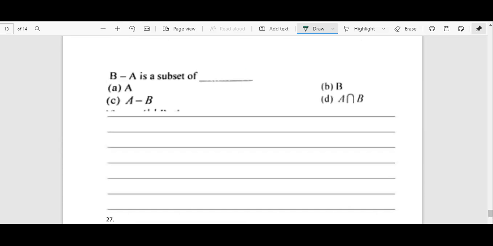Now we have 26. Okay. B minus A is a subset of. All right, so this basically means that I have a set that is B. And when I'm doing B minus A, I'm basically still having every element of B except those I have in A. So this is going to have some of the elements of B, but not those which I have in A, right?